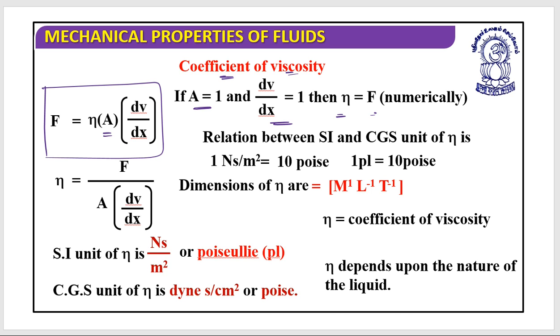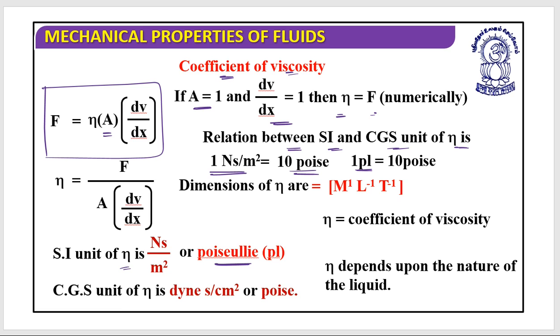Now the relation between SI and CGS units of eta: the SI unit is 1 newton second per meter square, which equals 10 poise. This is what we call a poiseuille.